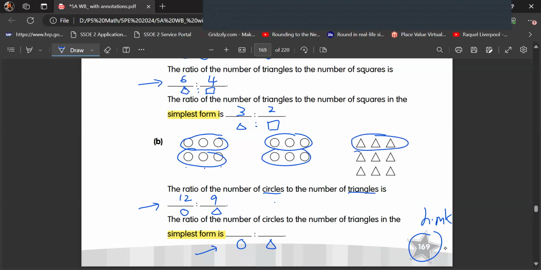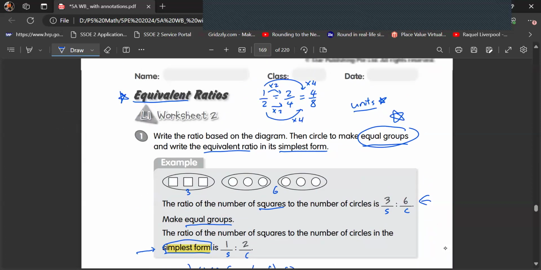1, 2, 3. The main idea that we said yesterday is that equivalent ratios are similar to equivalent fractions, and we are talking about equal grouping and equal units.